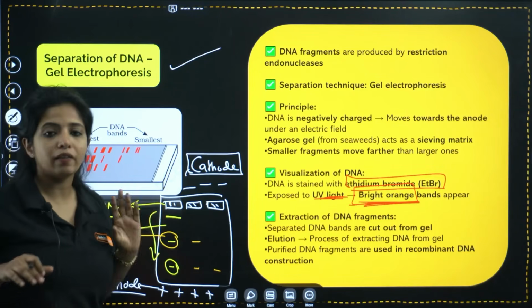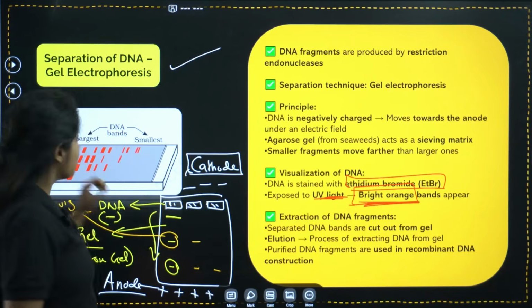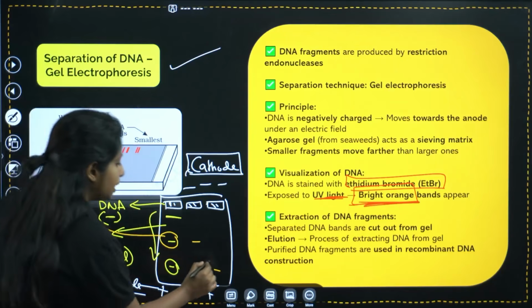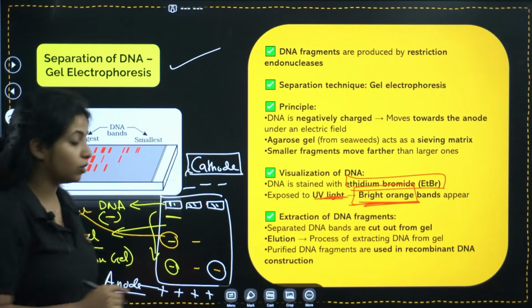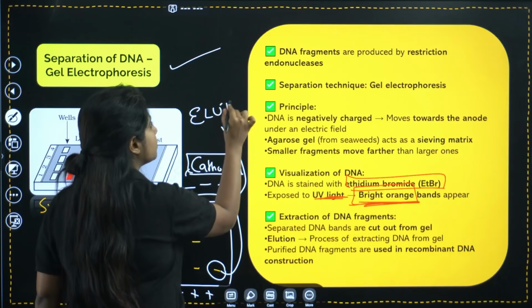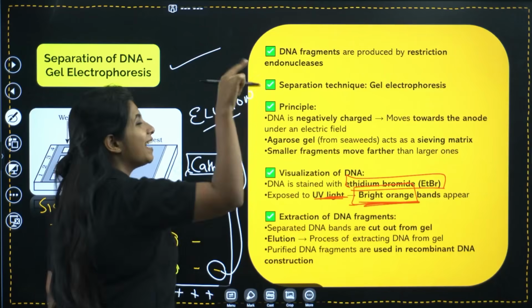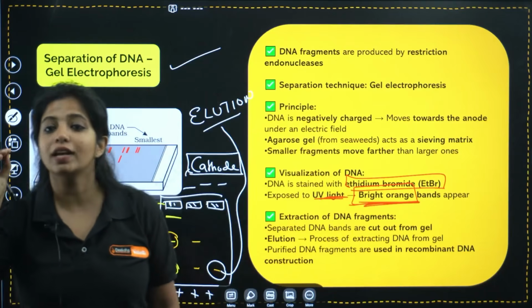Now, basically you have identified the DNA has been separated and you are clearly able to see the smaller fragments over here. Now, how do you remove this particular DNA segment from here and use it for your own purpose? There's a name of this particular process, and that particular process is known as elution. It's not illusion, it is elution. This is known as elution.